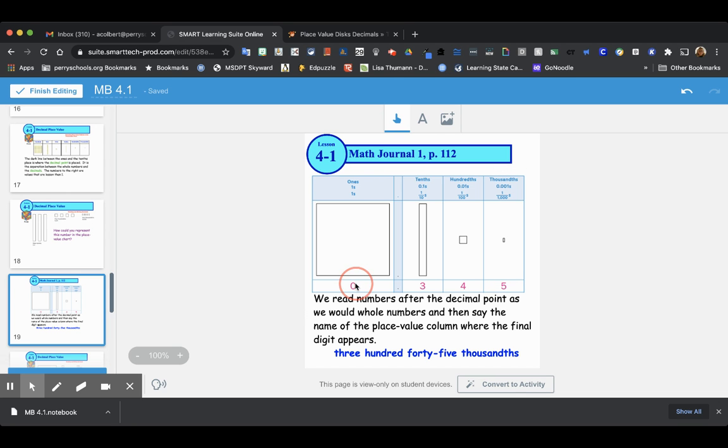And we see that there's nothing in the ones place, so we could say 0 and 345 thousandths, but we don't have to for this one. We can simply say 345 thousandths. Notice you only use the word "and" if you are representing the decimal point.